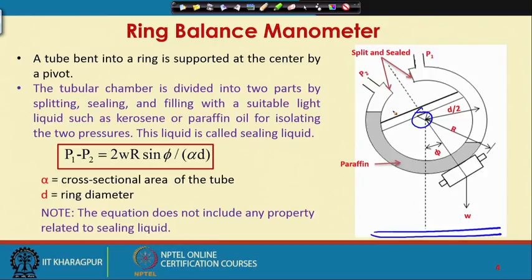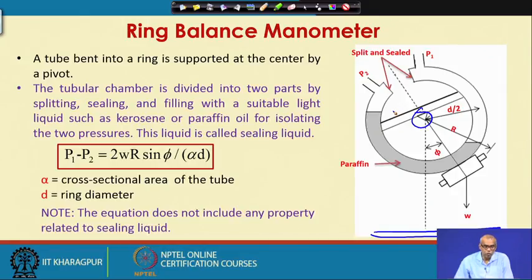The tubular chamber is divided into two parts by splitting, sealing and then filling with a suitable light liquid such as kerosene or paraffin oil for isolating the two pressures. This liquid is known as sealing liquid.